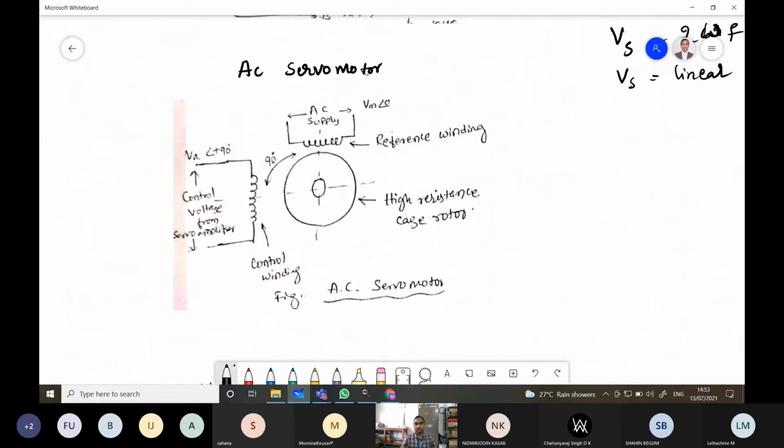Regarding AC servo motor construction, most AC servo motors are two-phase squirrel cage induction motors. For low power applications it can be used for very low power, but cannot be used for higher powers.